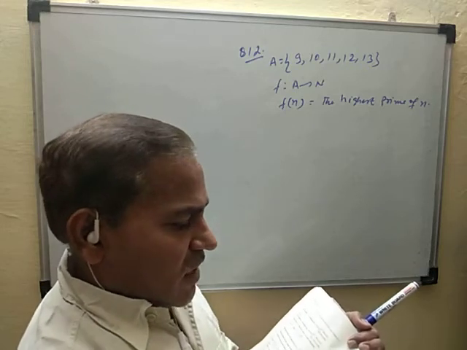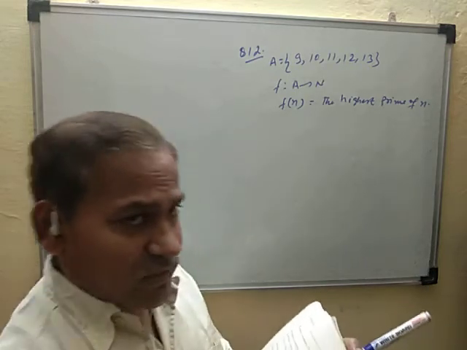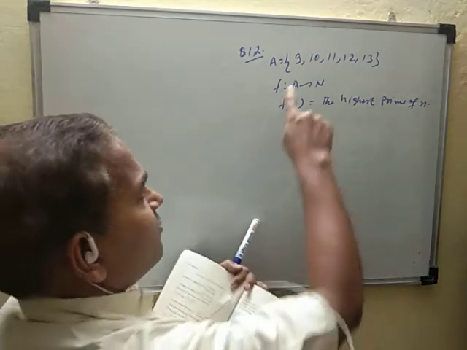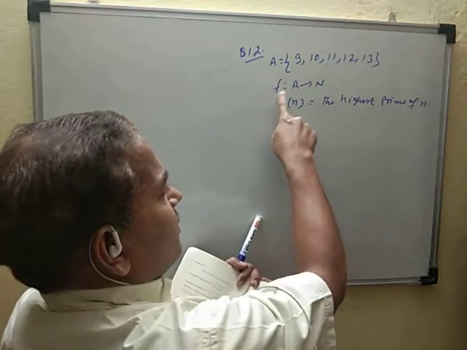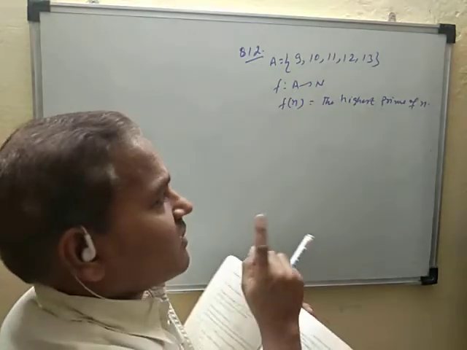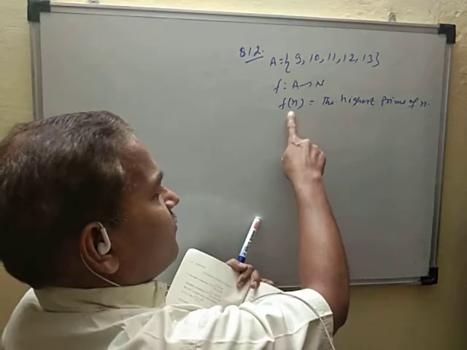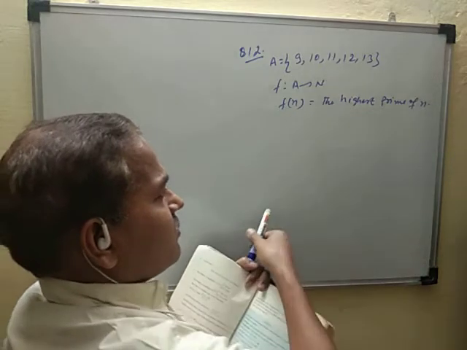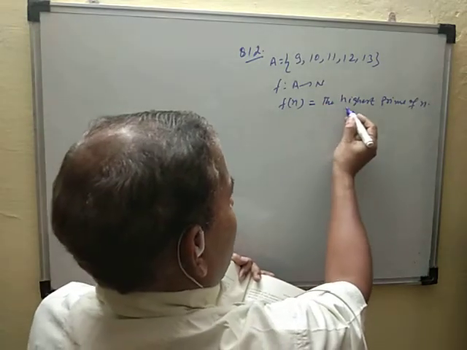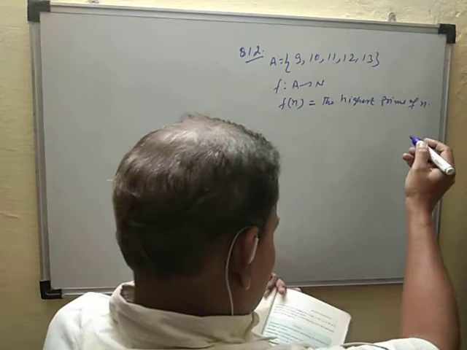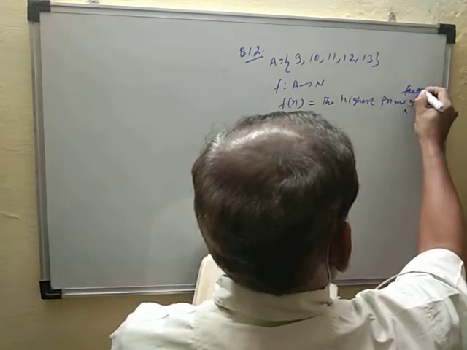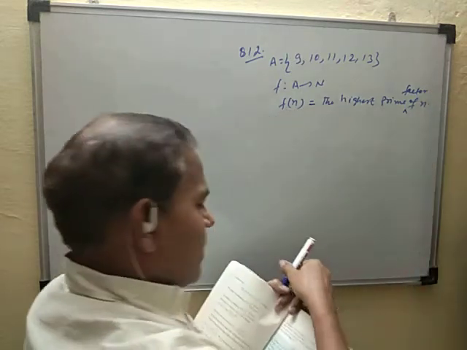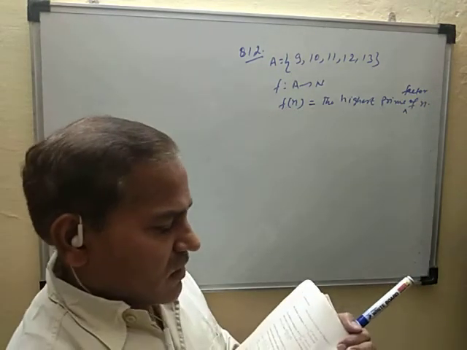A is given, a function from A to N. Do you understand the question? A is given, f is a function from A to N. How is it defined? f of n is equal to the highest prime factor of n.